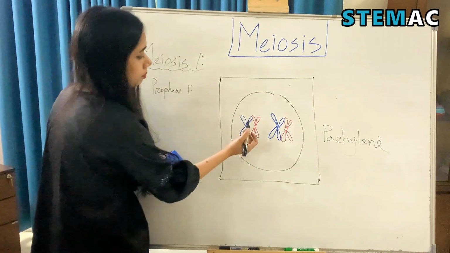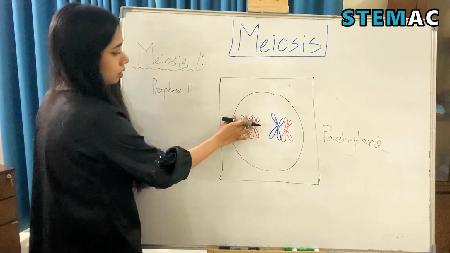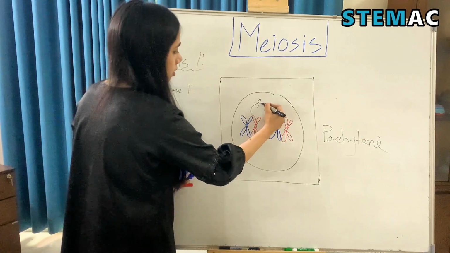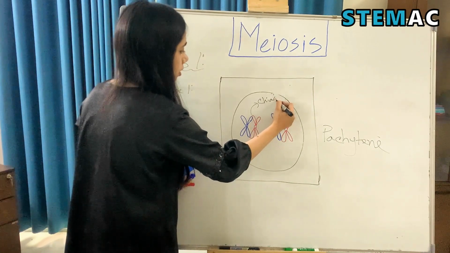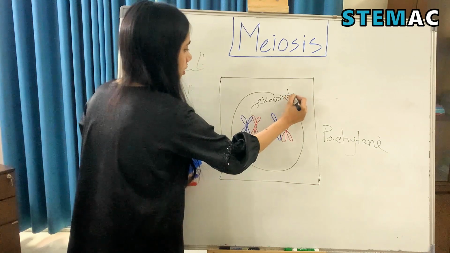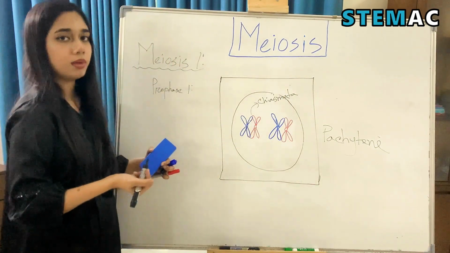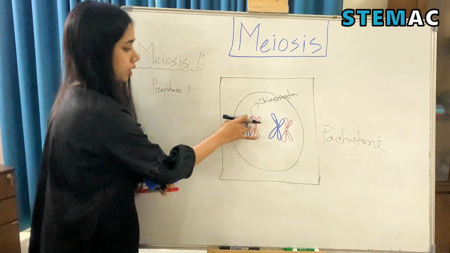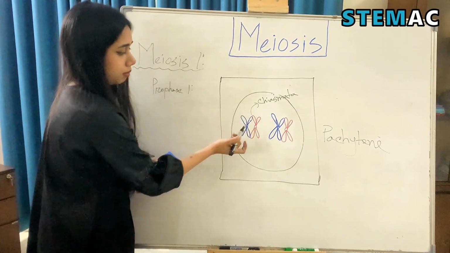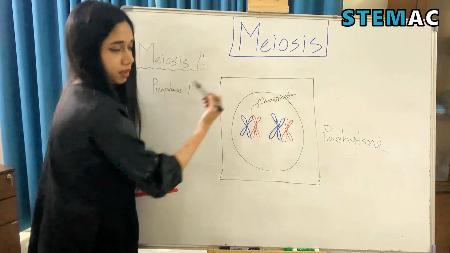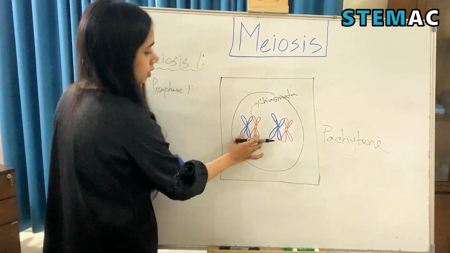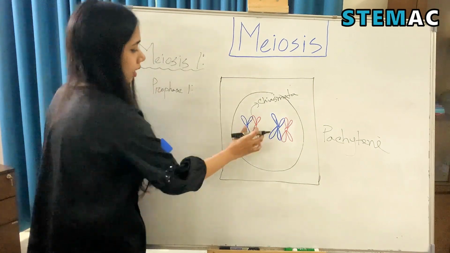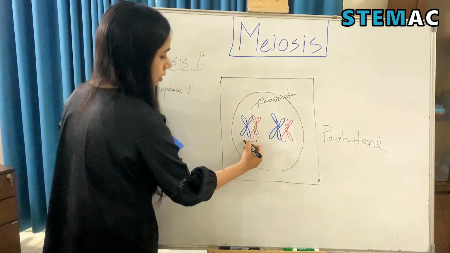The location at which they are attached is called chiasmata. Chiasma is the singular form, and in plural form it is chiasmata. The attachment of these two homologous chromosomes together is called a tetrad.